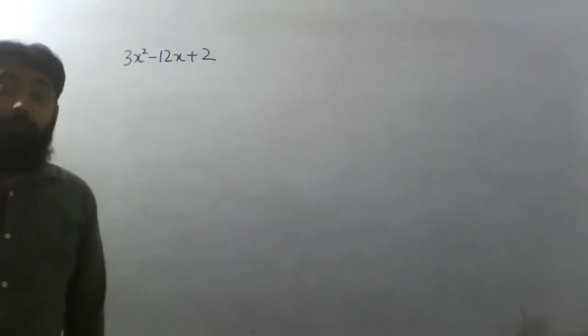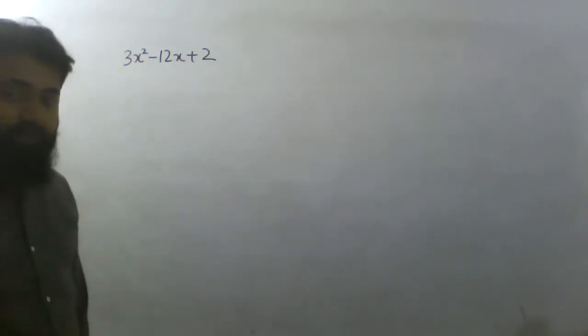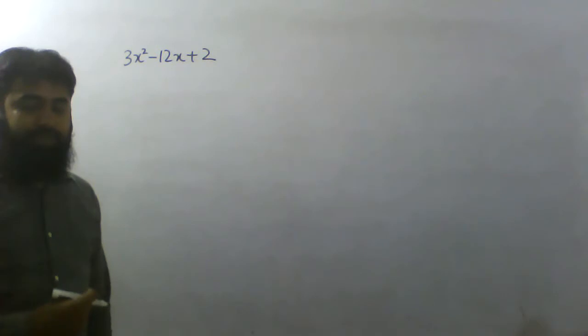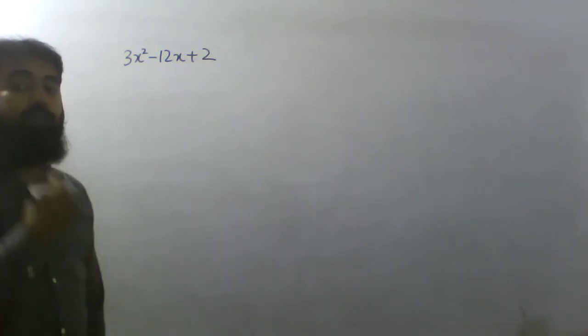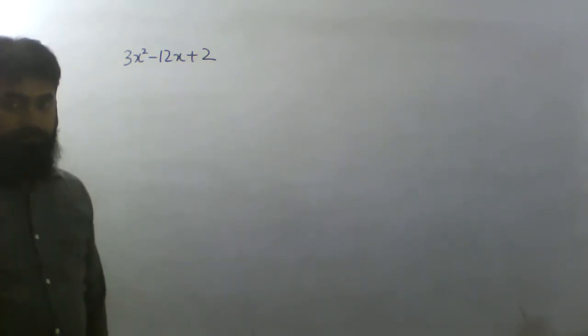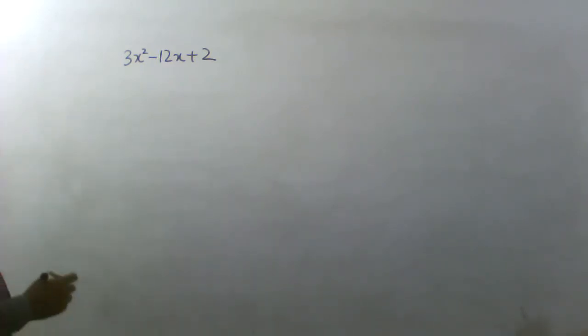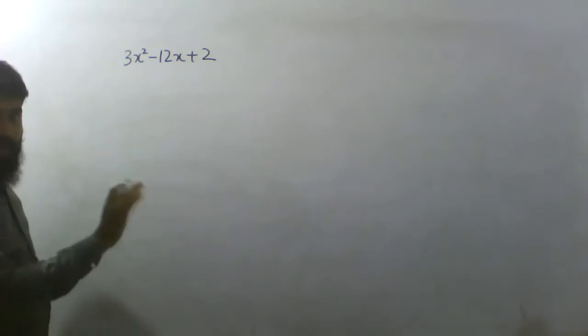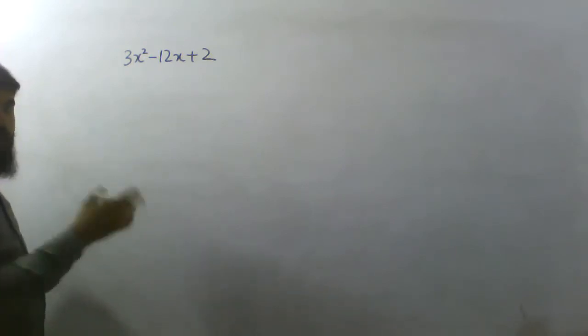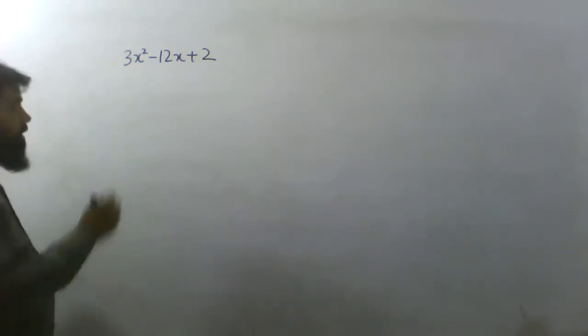I can't take anything common from there. But if I say by myself that I want 3 common from here, automatically I can't find it, I can't take it common, but I am saying I want to take 3 common.